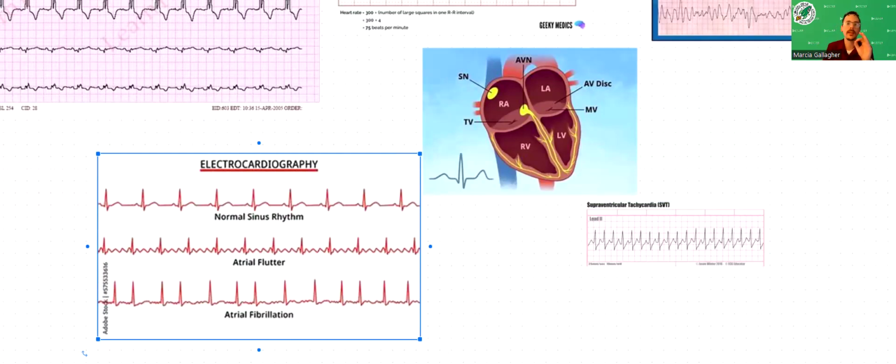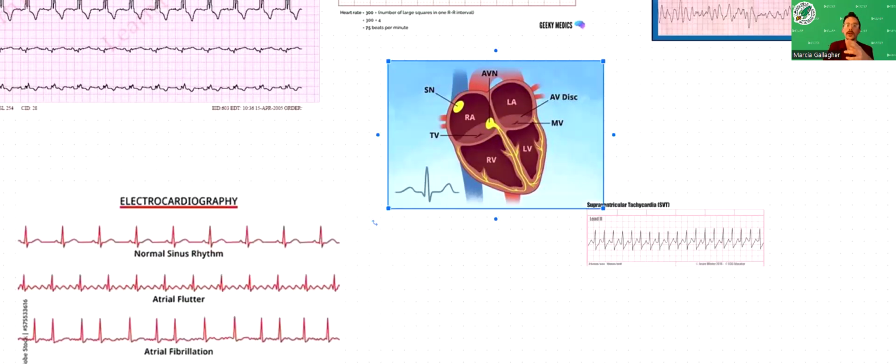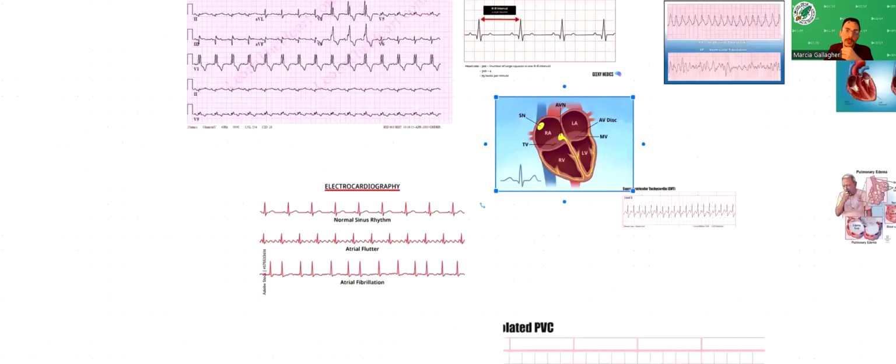And then AFib is irregularly irregular, which means there is no rhyme or reason to when the ventricles are contracting at all. They're just doing their own thing. Part of that is because the SA node isn't firing, so the AV node takes over and helps continue the heart beating. That way, if this guy decides to take a vacation, this guy can handle it a little bit. And it gets deeper. Every part of your electrical system can fire a signal on its own, and the lower you get, the worse it is. But those are the big ones to remember.